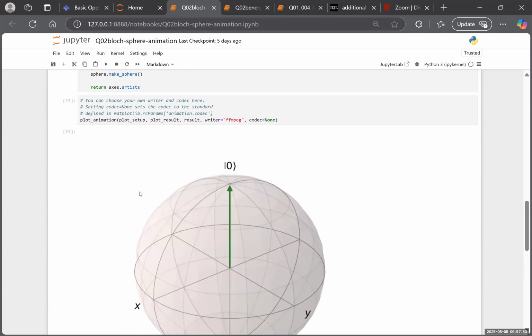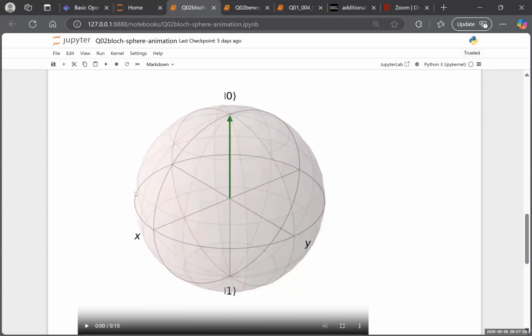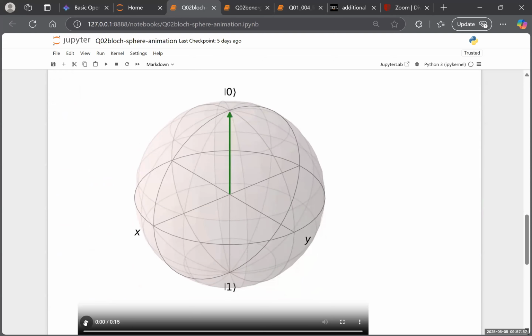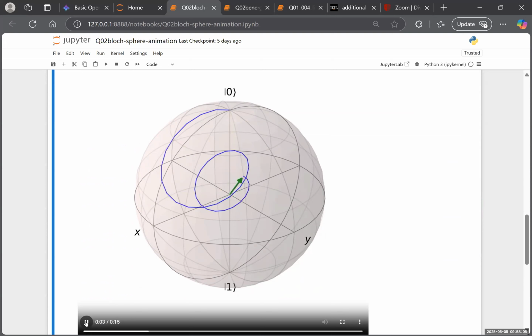But the end is a nice simulation. So you start with up, right? Start with up. And then as time evolves, it traces our trajectory. This is cool. To help you to visualize.